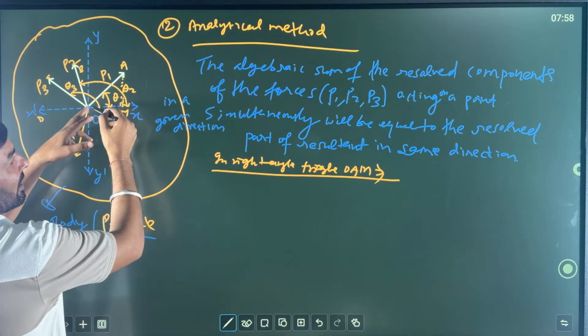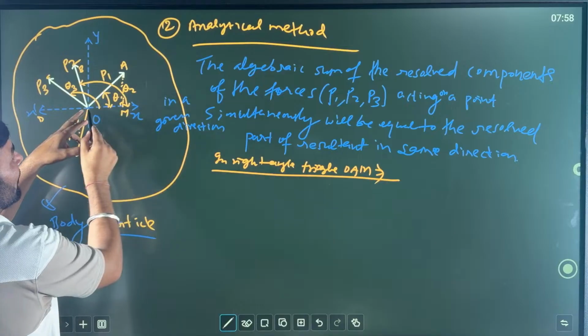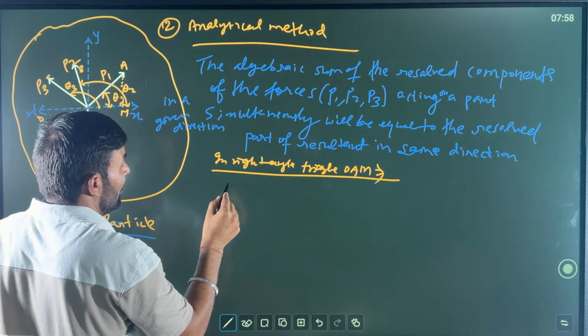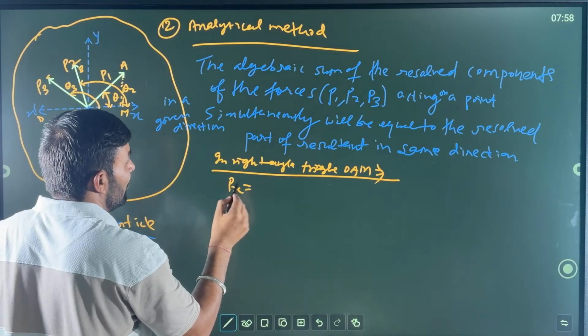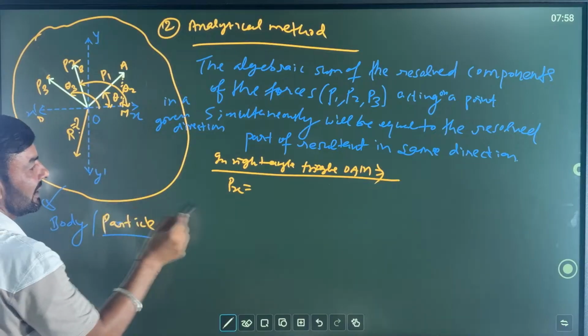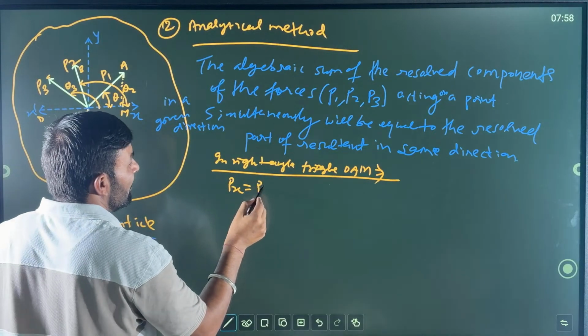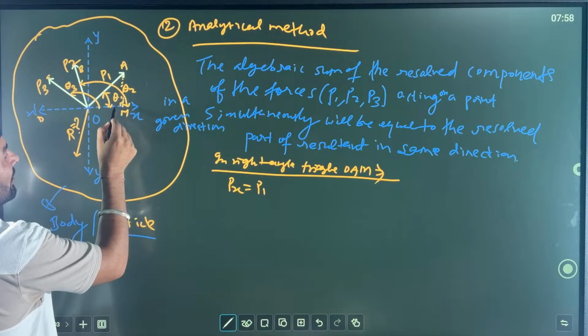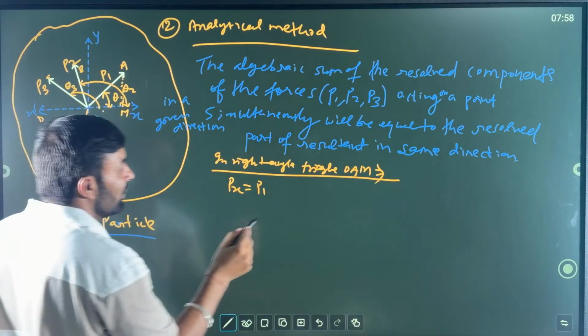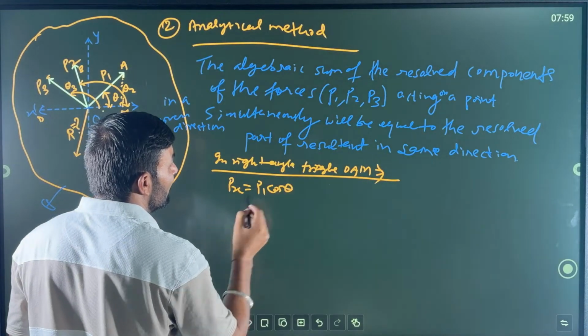Now the resolved part of P1 along the OX direction, that is Px, what will that be? P1 times base by hypotenuse, that is cos theta. So P1 cos theta, my dear friends, be careful.